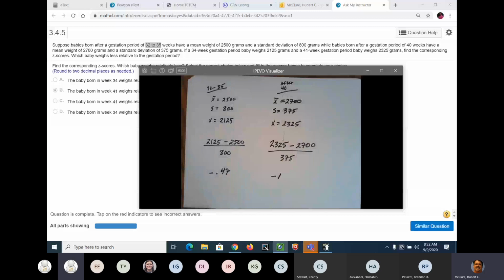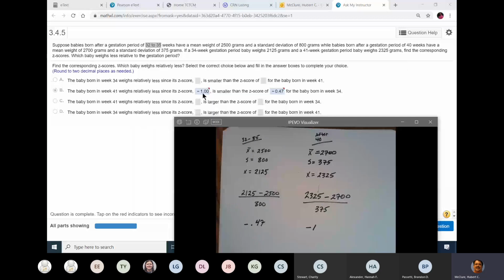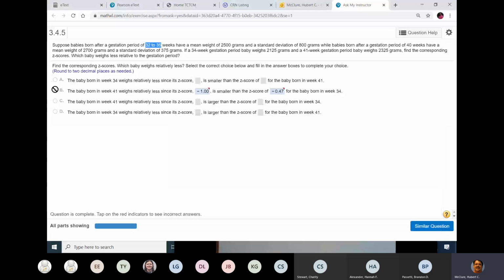Mm-hmm. Okay. All right, so the one that's further away is negative 1. Negative 1 is smaller than negative 0.47. So you got to pick the one that says that. So the baby at 34 weeks relatively less, that should be B. I think that's probably right, let's see.